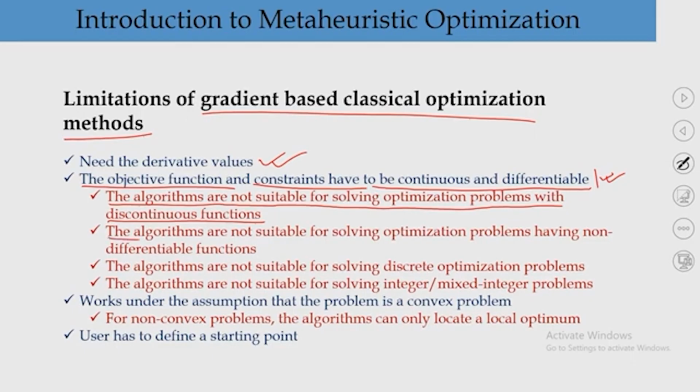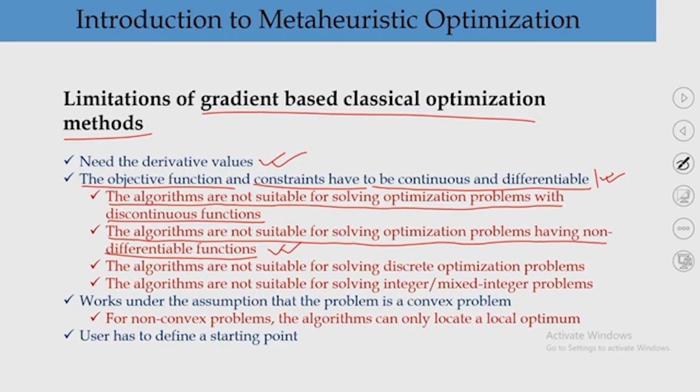The second limitation is the algorithms are not suitable for solving optimization problem having non-differentiable function. Okay. So, if your function is continuous, but non-differentiable, in that case you will not be able to apply these algorithms.